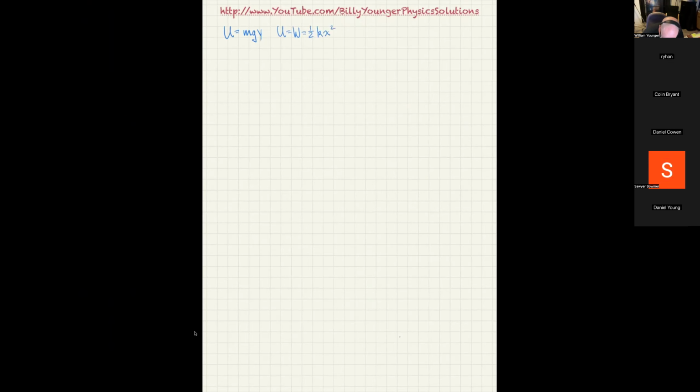We also have U is equal to negative G, the gravitational constant, times M, the mass of the, say, planet that's causing the potential energy, times m, the mass of the object that has the potential energy, divided by r. That's that more general potential energy for values that are comparable to the radius of the Earth. And then we also have kinetic energy is equal to 1/2 mv squared.